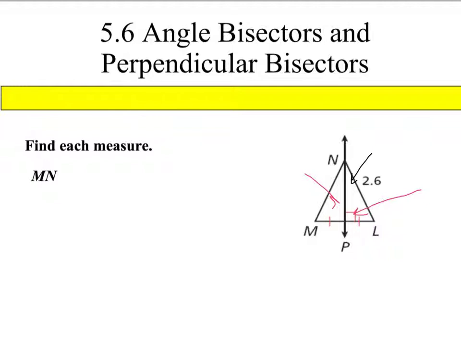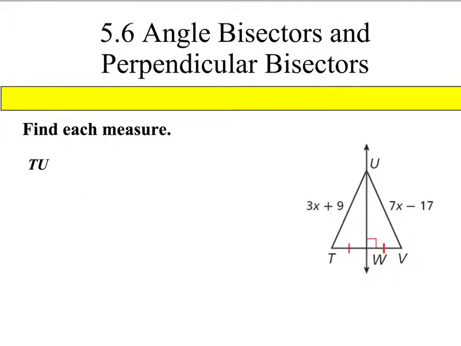But because we have these two segment congruent marks here, meaning that MP is congruent to PL, NP is a perpendicular bisector, not just a perpendicular line. When it becomes a perpendicular bisector, MN is going to be equal to NL. Okay, those measures are equal. So because NL is 2.6, MN also has to be 2.6. Okay, awesome. Let's try another one.